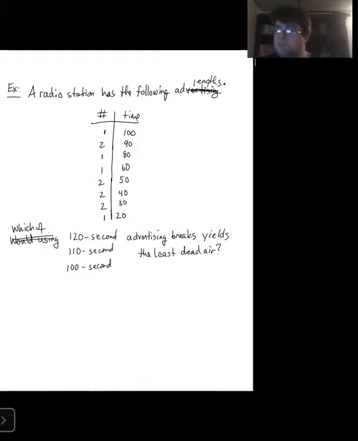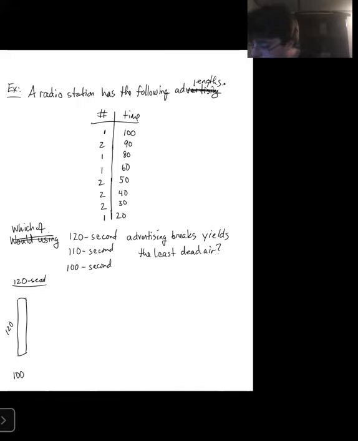And we're going to do this using board cutting reasoning. So we have three different things to consider: 120-second, 110-second, 100 seconds. Let's do 120-second first. So again, we're trying to fit things within a 120-second block. Let's draw a board of 120 seconds, and let's fit in all the numbers. I'm going to put the numbers at the bottom.